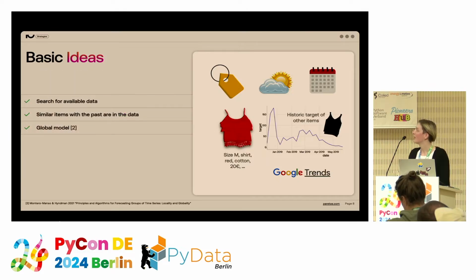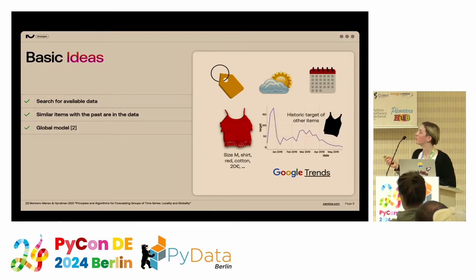To summarize, we want to search for available data. We want to be creative with features. We want to make sure that we have similar items in the past data, because if you sell vegetables and fruits and then suddenly you want to start selling merchandise with shirts, it's probably not going to help. You're probably not going to forecast it with your data.